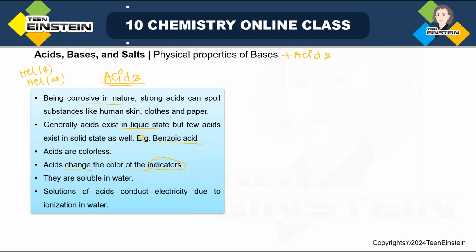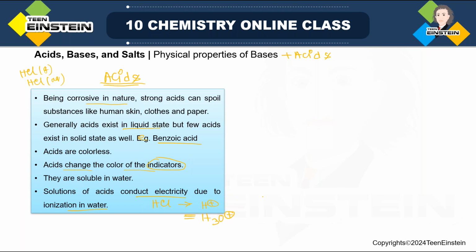Then they are soluble in water, and solutions of acids conduct electricity due to ionization in water. Just take HCl for example. When you take it in water, there is formation of H+, and this H+ doesn't remain in H+ form. It combines with water and ultimately forms the hydronium ion, that means it is combining with a water molecule.